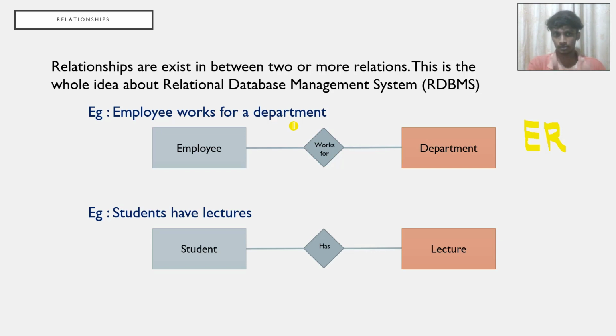The problem is: employee works for a department. What should we represent in the database? That's why that thing is given as a line.